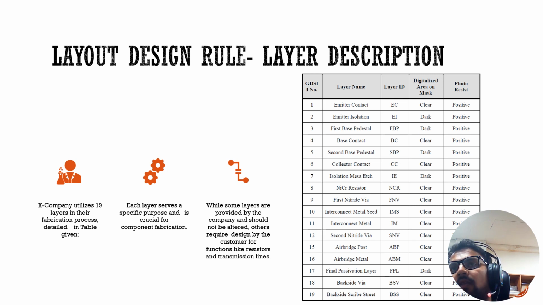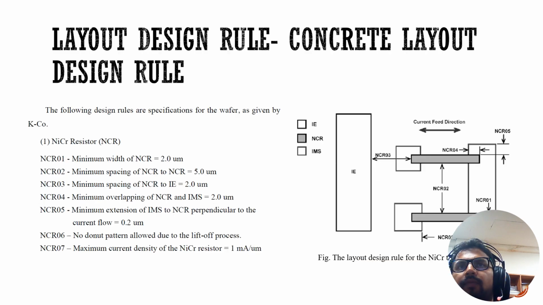So here there are 19 layers: emitter, isolation, first base potential, base contact, second base pedestal, collector contact, isolation mesa, nickel chromium resistor, first nitride via, interconnect metal, second nitride via, air bridge post, air bridge metal, final passivation layer, backside via, and backside stripe.